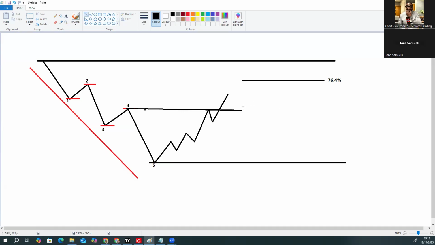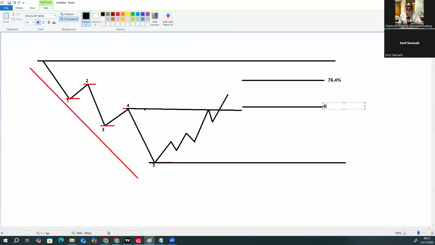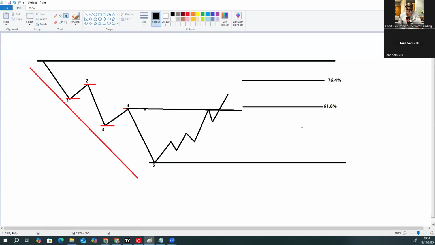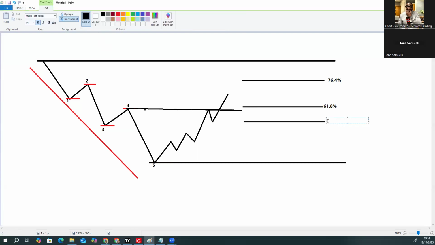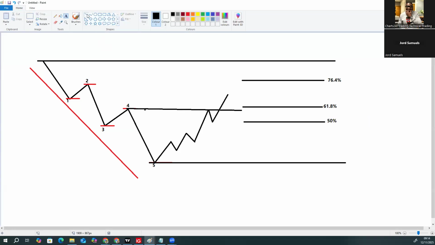Then we have 61.8%. Before the 61.8%, we have 50%. Before 50%, sorry, we have two levels, which I normally use one of them.